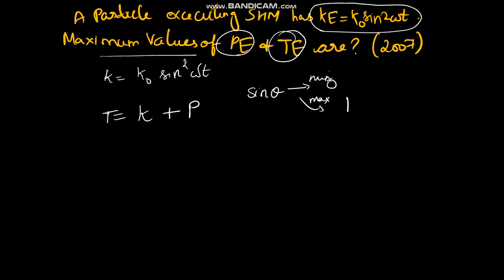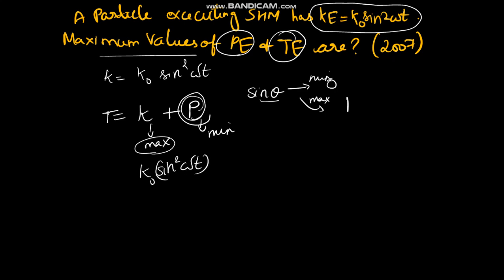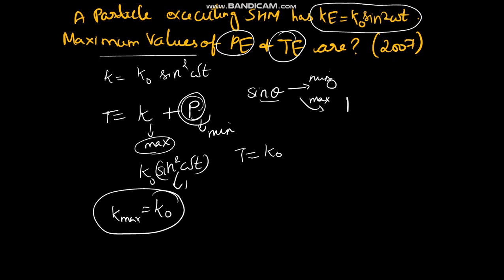When potential energy is minimum, kinetic energy will be maximum. So if sine square omega t is 1, then kinetic energy is maximum, which is K naught. So total energy is equal to K naught.